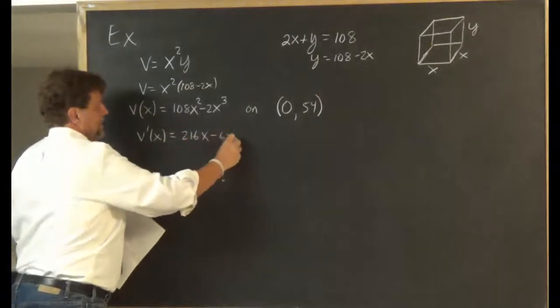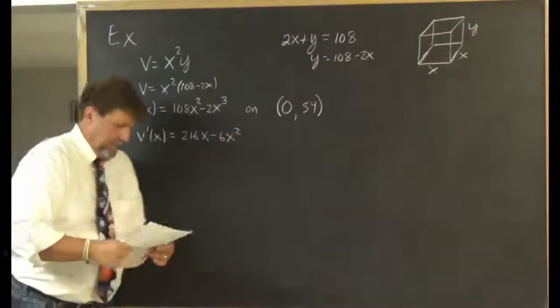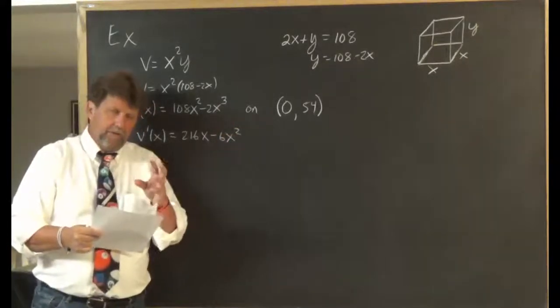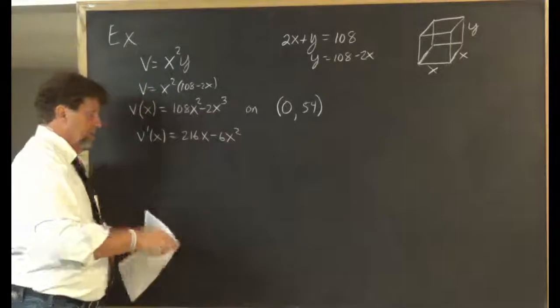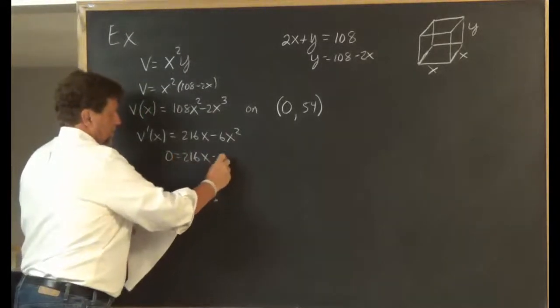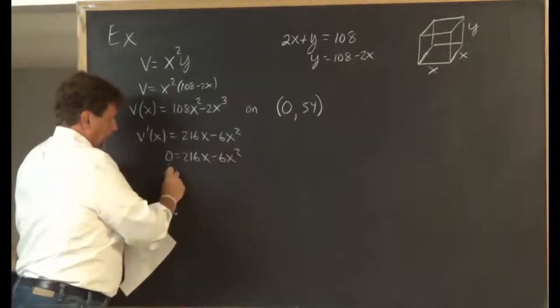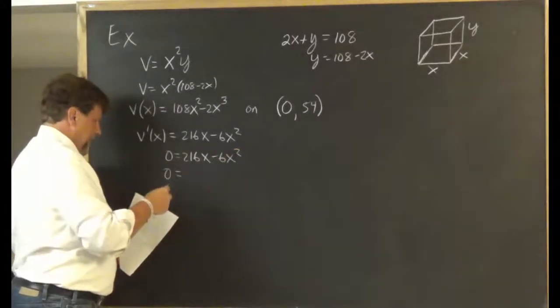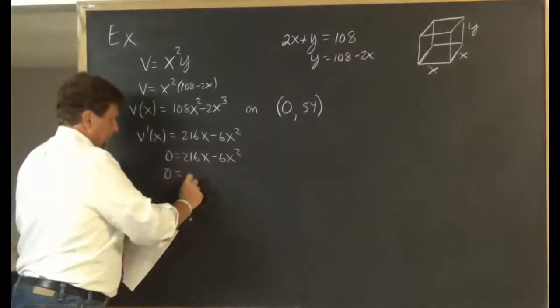216x minus 6x squared. We need to know where the derivative is equal to 0, so we set the derivative equal to 0. And over here on the right-hand side, you know what, I could just factor out an x.